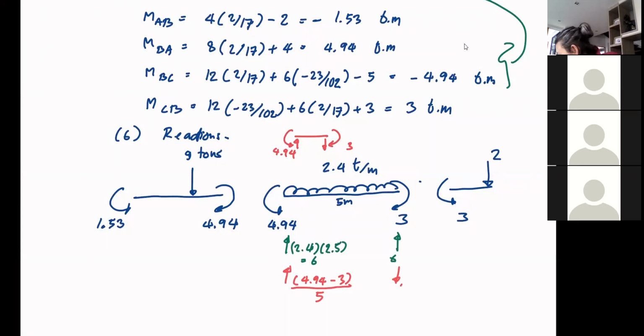And if you don't believe me, you can perform your calculation. And in the end, you're going to get the number. Because these two go in the same direction, it's larger, 6.39. This one is 5.61. See, I just calculated the reaction. This is due to the load.